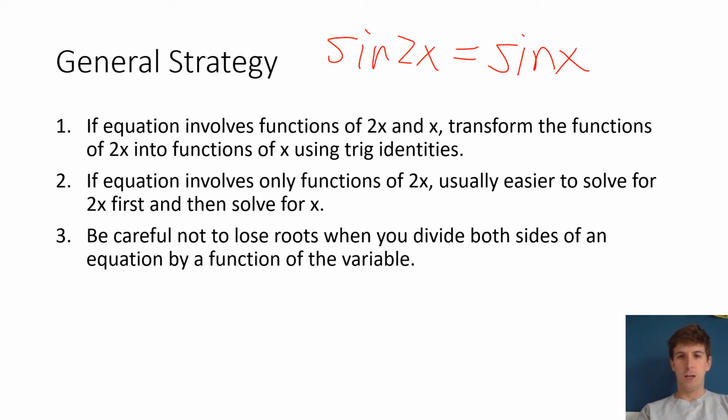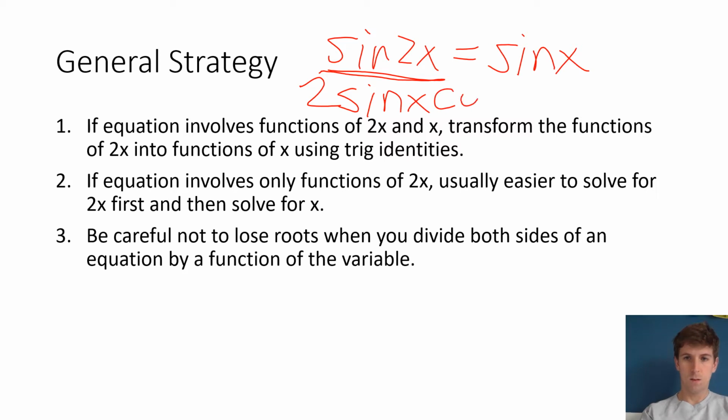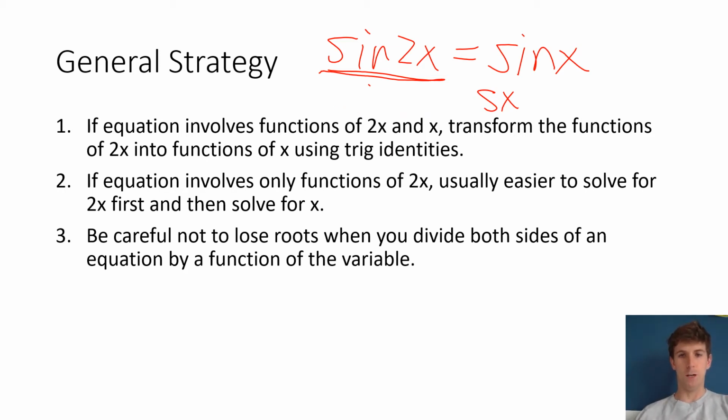What you can do there is you can easily transform this left side into a function of just x using our trig identities. So I would change that left side into 2 sine x cosine x equals sine x, and then you can just solve from there. You'll see a full example of this later in the slide.